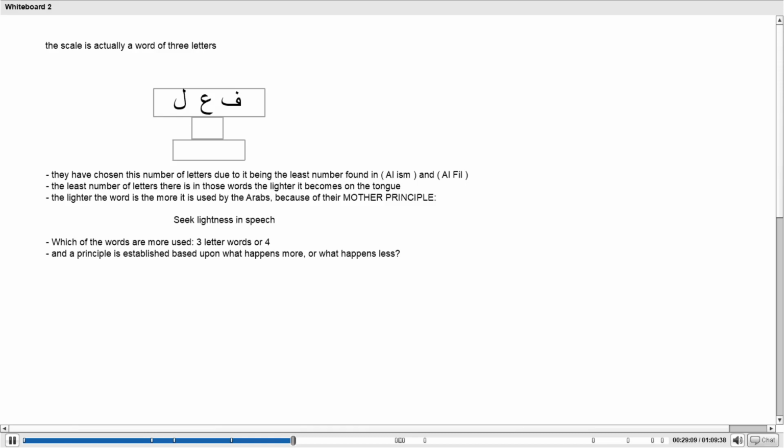Same thing here. So they have made the scale consisting of 3 letters. Why? Because most of the words are 3 letters. So it's easier to use the scale with that number of letters as a tool to understand how the words work.